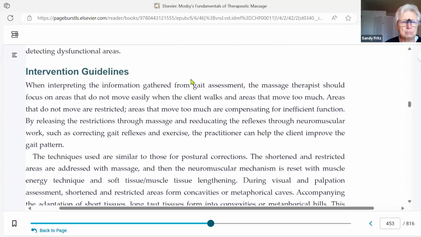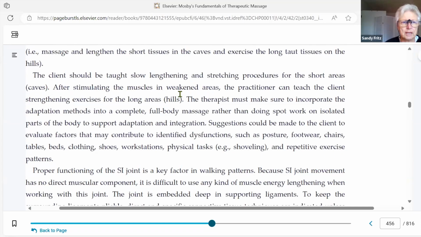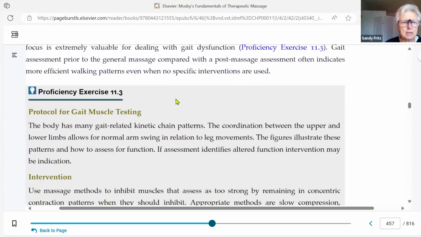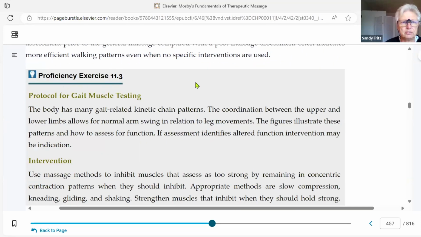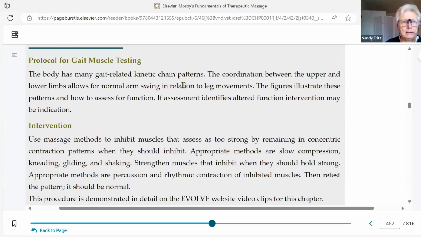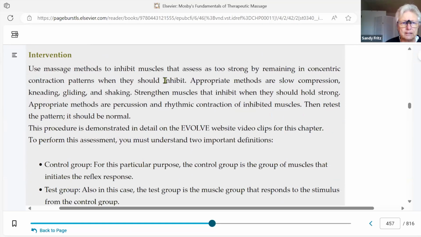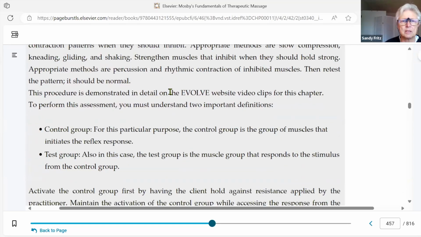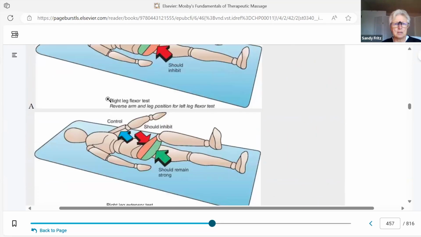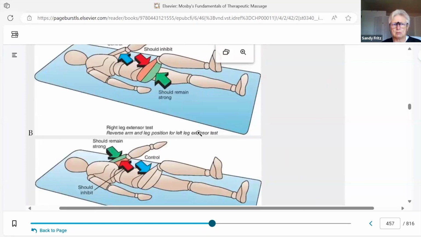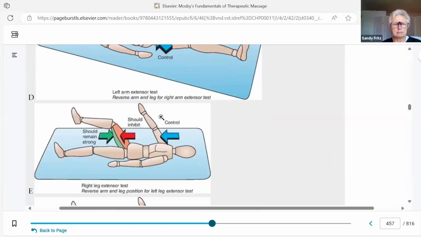So here's your intervention guidelines with this. And then here's a proficiency exercise. Here's an assessment and an intervention process. Again, demonstrated very well on the videos that accompany this on the Evolve site. But there are some graphics here.